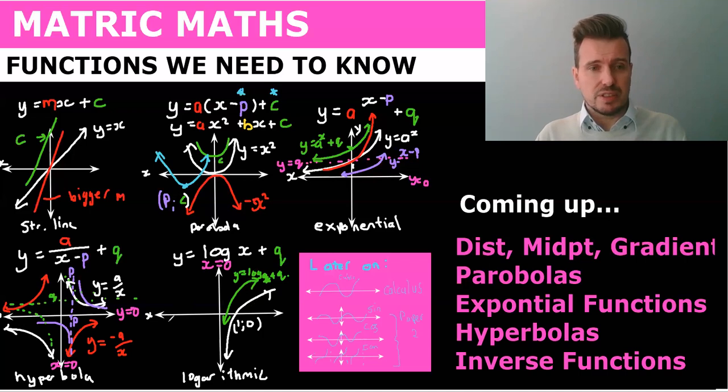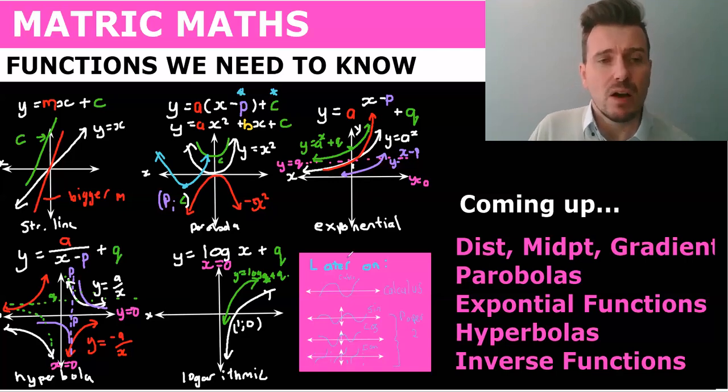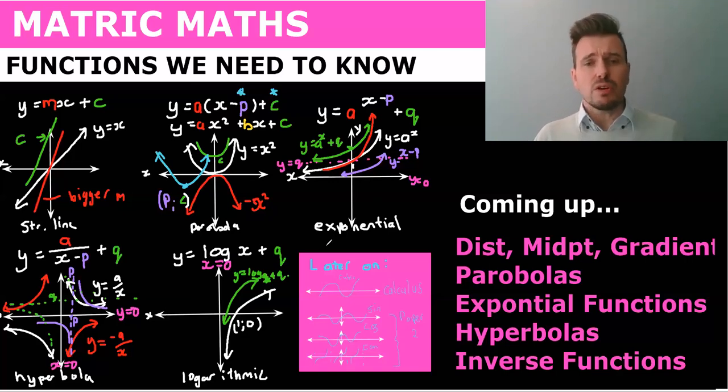As you can see here, you cannot be on the negative side of the x-axis in the same way that this can't be on the negative side of the y-axis. Okay, so those are all your graphs.